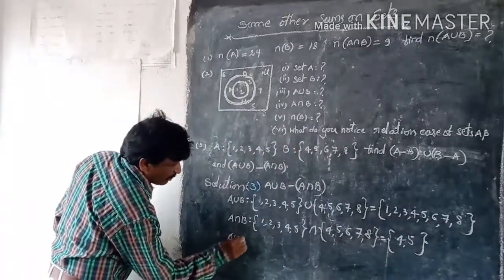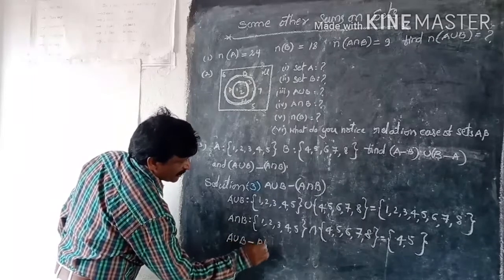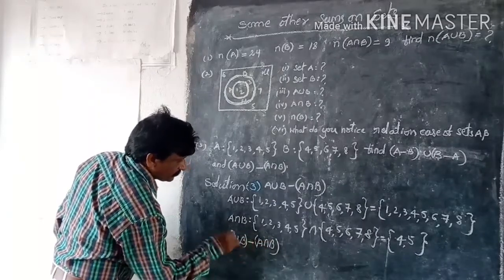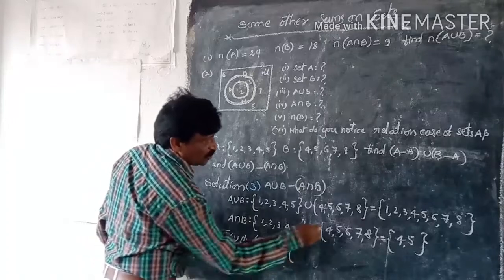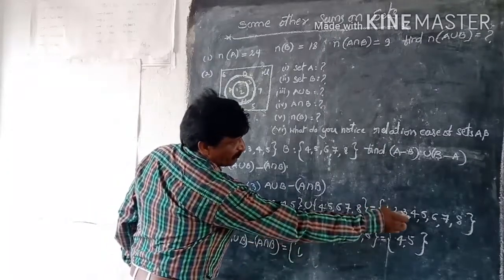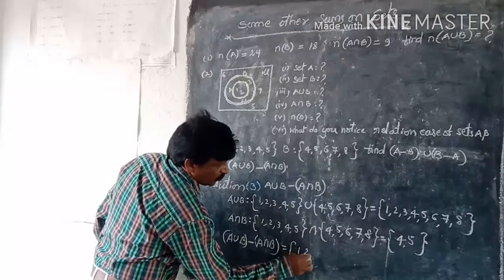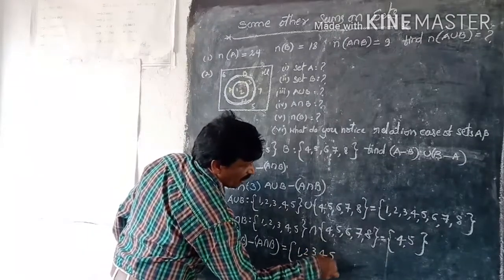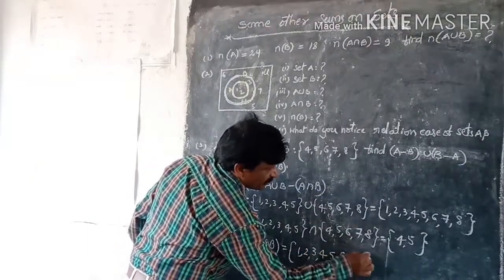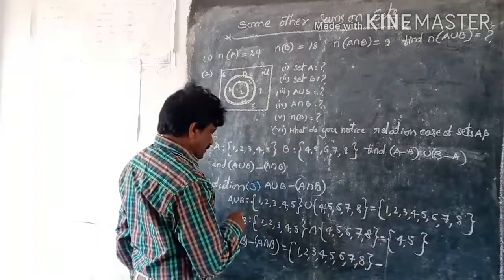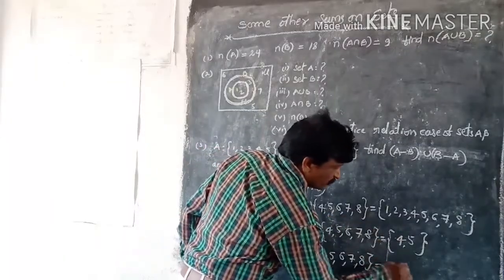Next, A union B minus A intersection B. A union B is 1, 2, 3, 4, 5, 6, 7, 8, minus A intersection B, 4, 5.